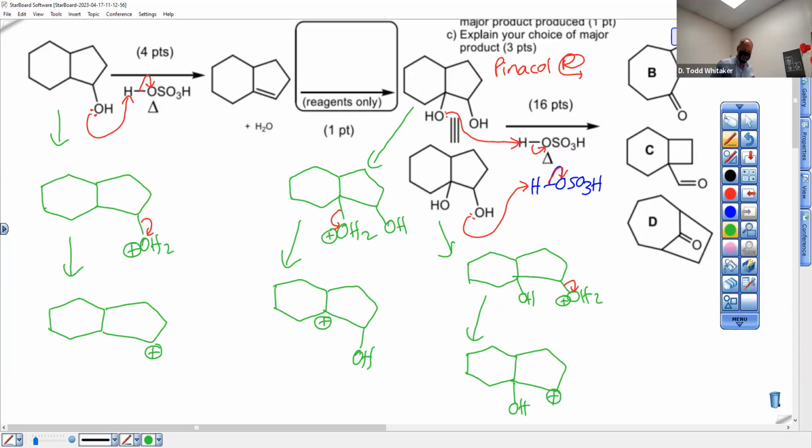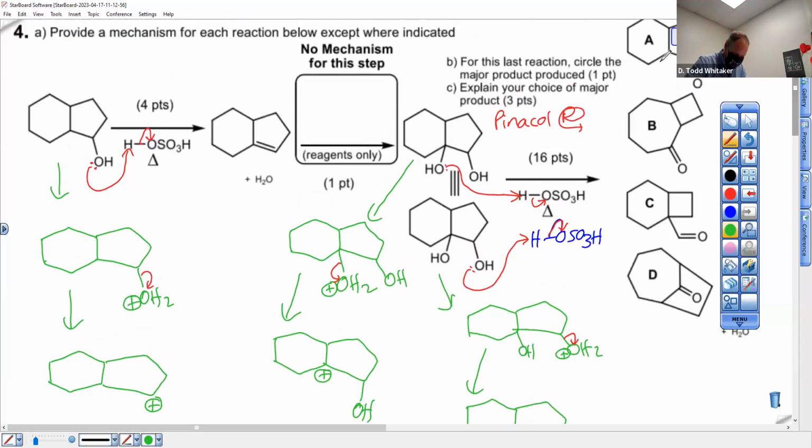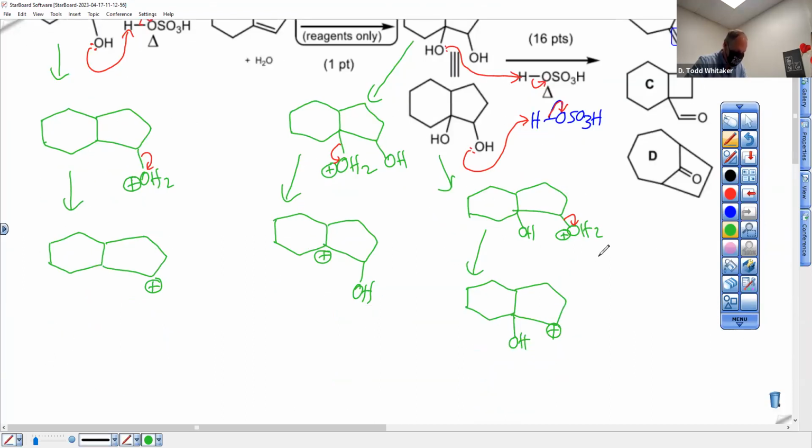And I'm going to do you a big solid. How many products do you see for this last reaction? 4. A, B, C, D. I am pretty sure 2 of them came from the first cation and 2 of them from the second. I'm telling you, you need 2 copies of this one and 2 copies of this one.